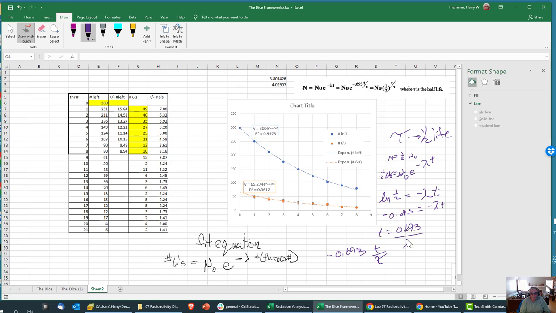You'll notice that this is the t 1/2, which we now say is tau. And if we plug that in, we get back our negative lambda t, the original equation. It's just that people like to express it with tau.